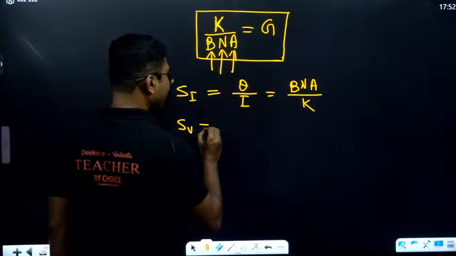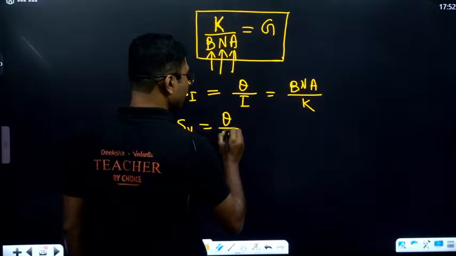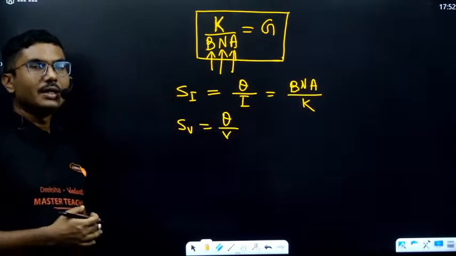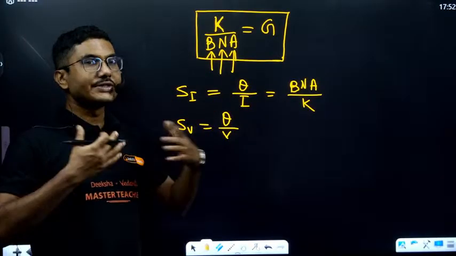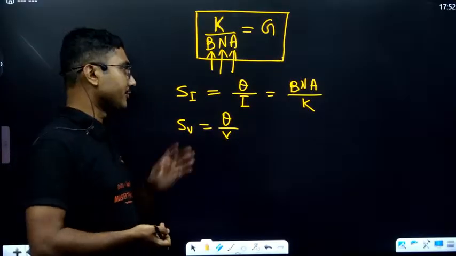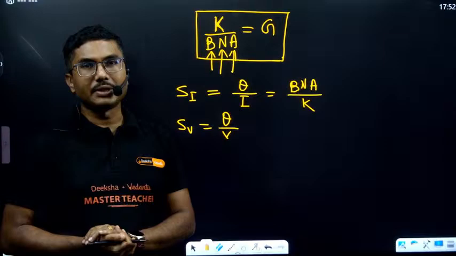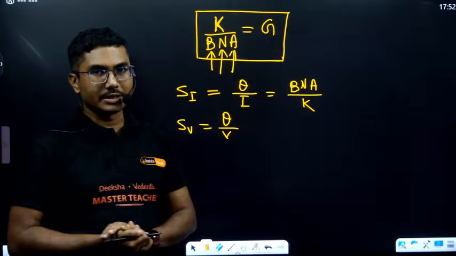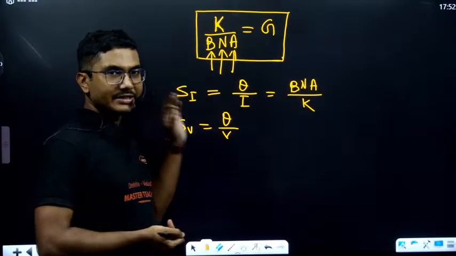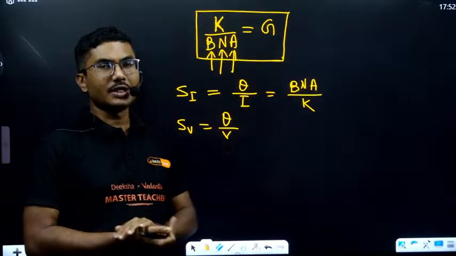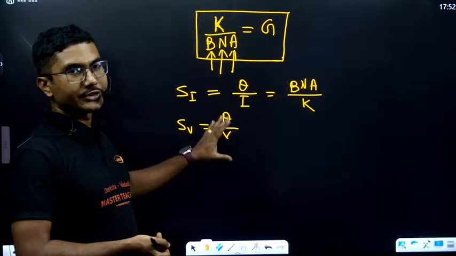Voltage sensitivity is theta divided by V. So how sensitive the galvanometer is to current, and how sensitive it is to voltage. If there is a small fluctuation in the current, how much deflection it will give, that is called current sensitivity. If there is a small change in voltage, how much deflection the galvanometer will give, that is voltage sensitivity.